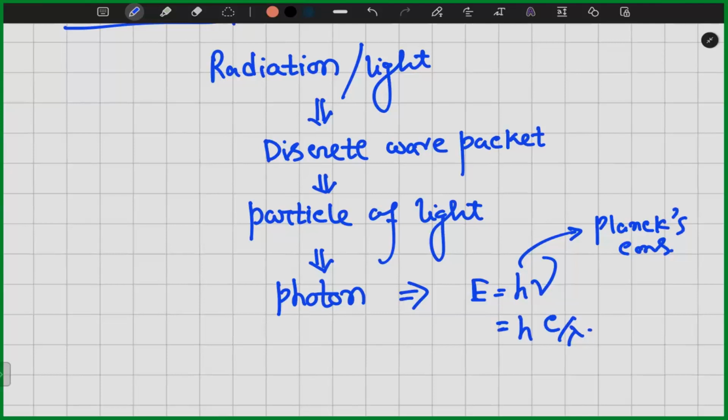Using this theory, Einstein was able to explain the photoelectric effect.